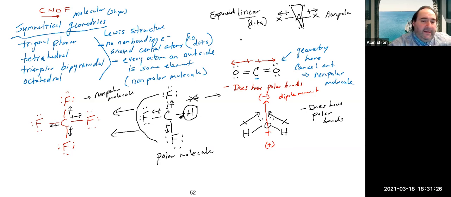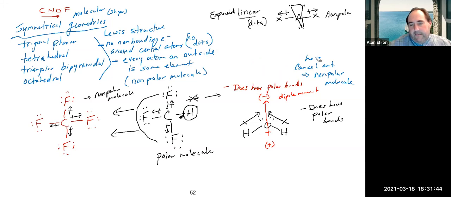The other one that ends up being pretty symmetrical as well, that also has dots, is another expanded octet, and that is our square planar. So if we remember what our square planar looks like, draw that guy up real quick. Basically we have this central atom here. We got some dots happening. And then we have at the corners here some bonds, right?